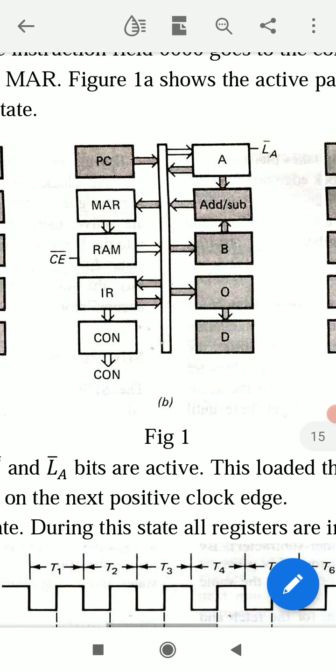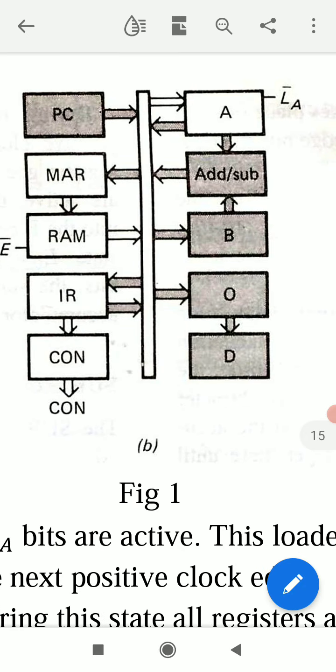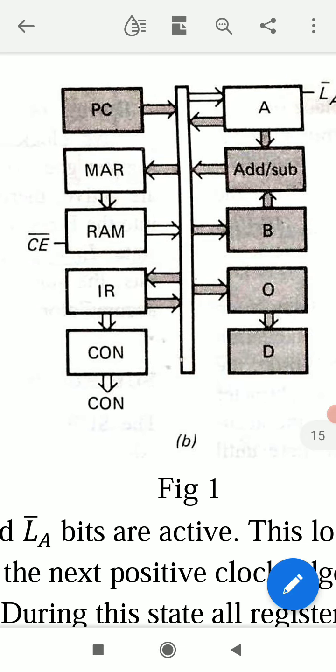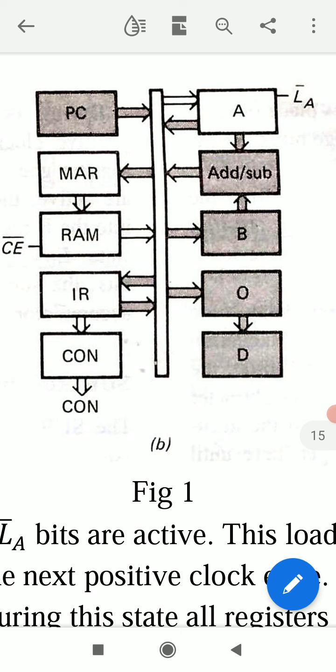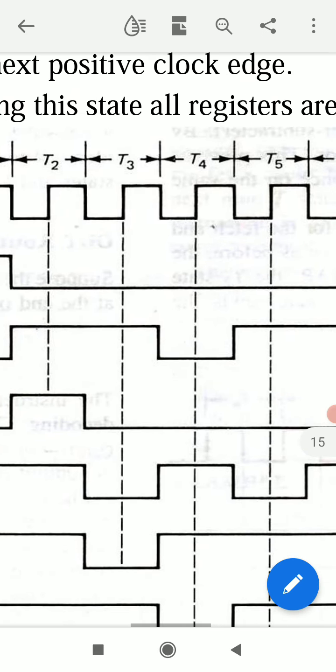In T5 state, CE bar and LA bar must be active. It means CE bar must be 0 and LA bar must be 0 in T5 state. This is the T5 state.